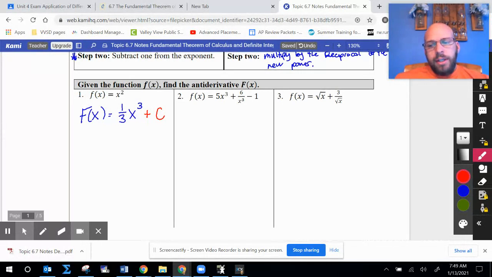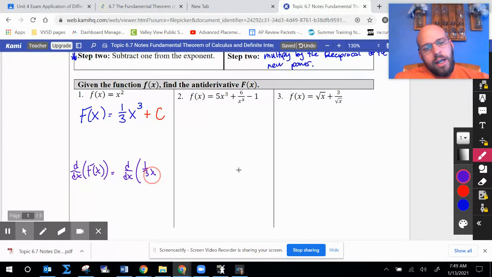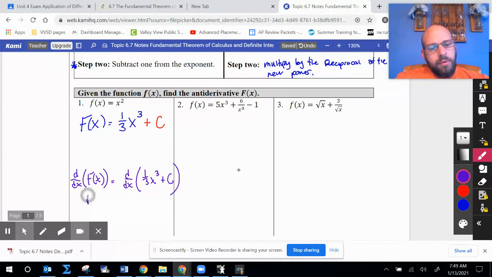The reason being, I want to show you, if I check this, if you take the derivative of capital F of x, so if I take the derivative of 1/3 x cubed plus c, the derivative of capital F of x is just lowercase f of x.